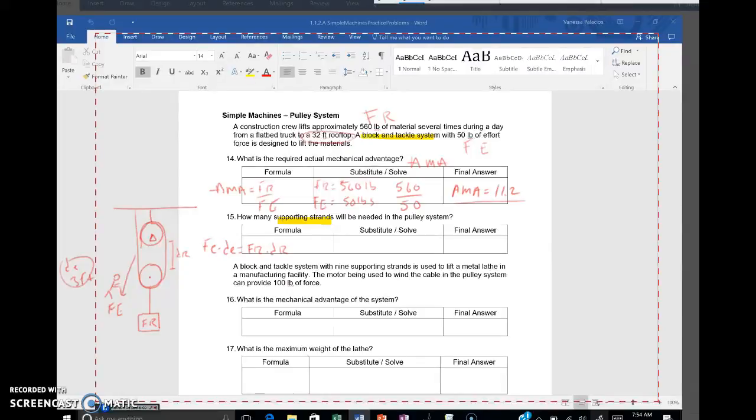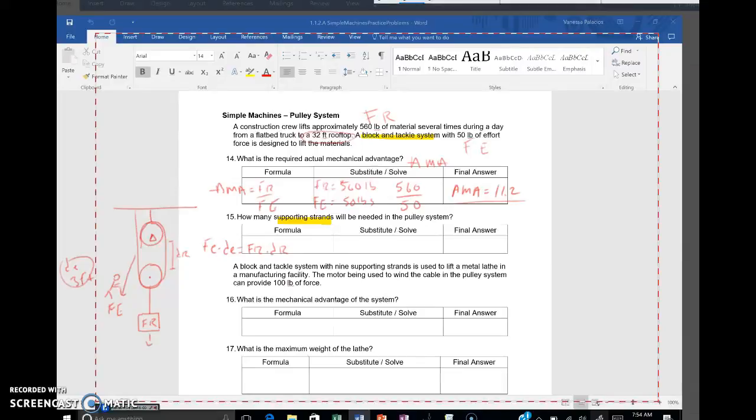You have to manipulate the distance in order to be able to lift more weight compared to the effort force that you're applying. So this is also true for the pulleys. You have to pull more rope if you want to apply less effort, but in this particular case, the force resistance, since it's heavier here, is going to require less rope.